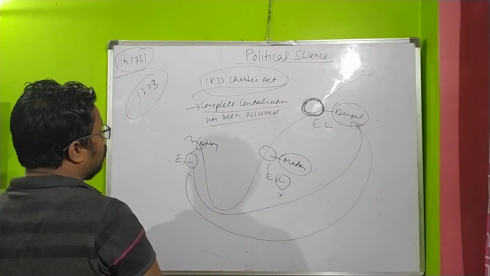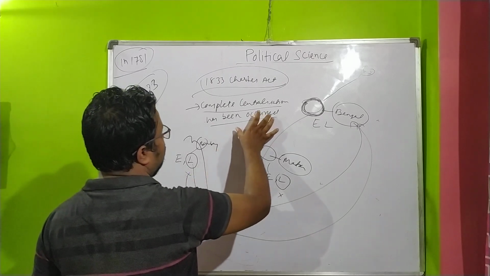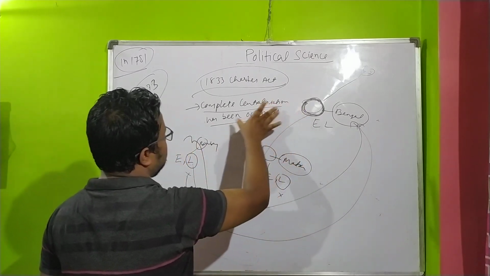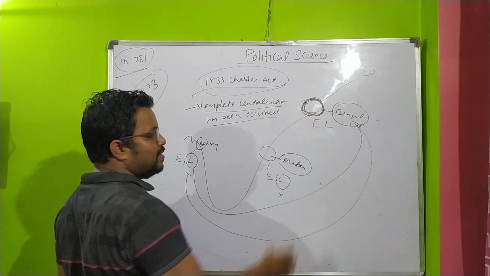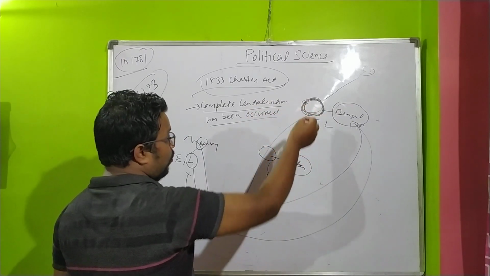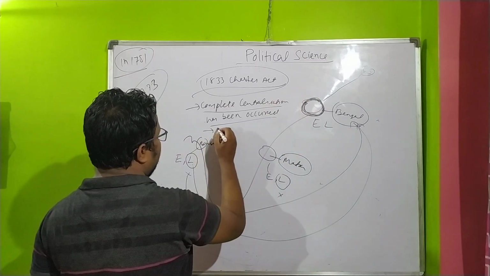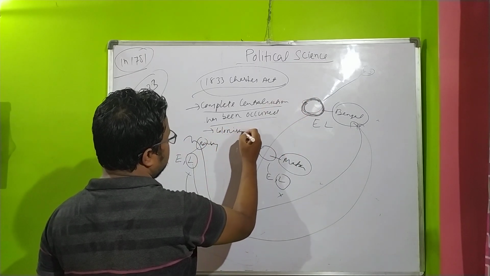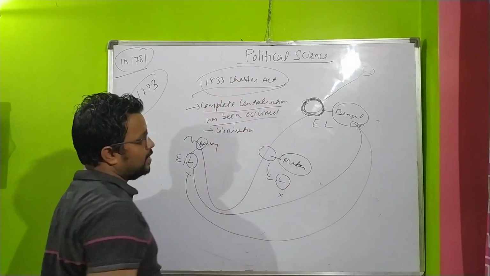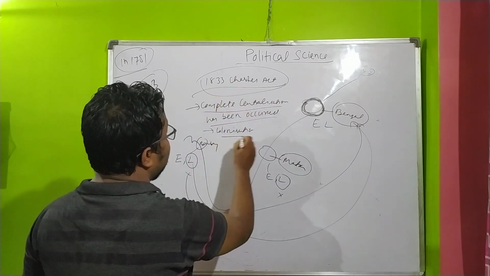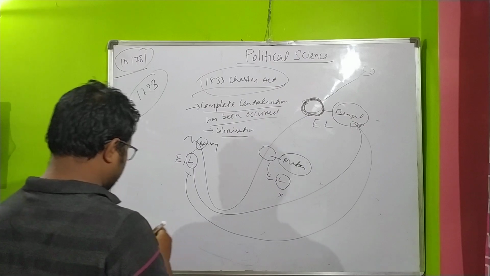Now, this is said to be complete centralization. That means India was in complete colonization in 1833.